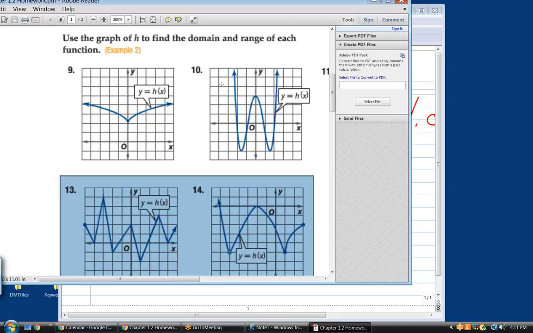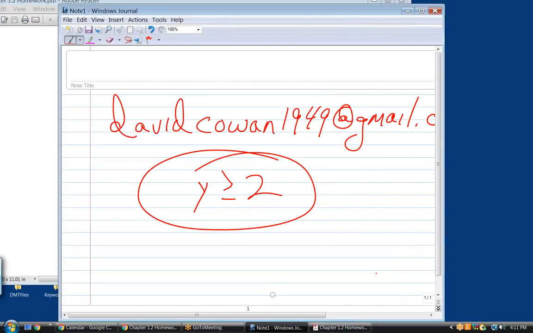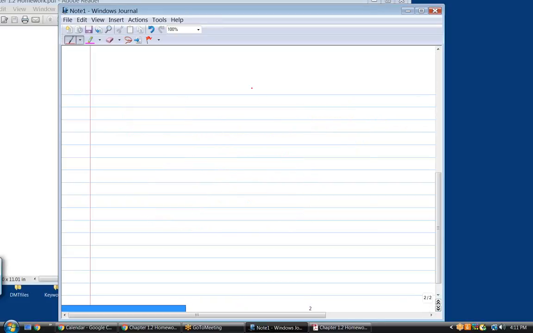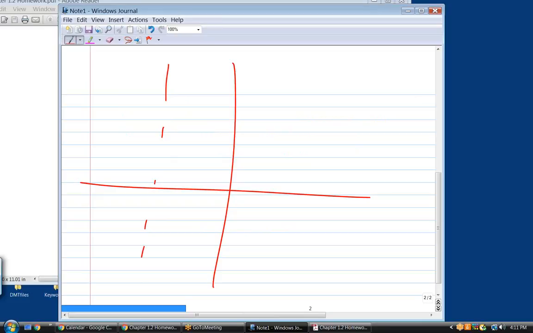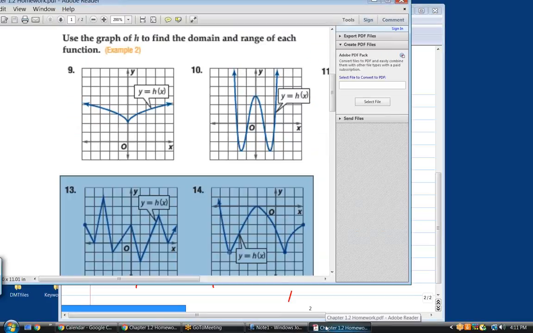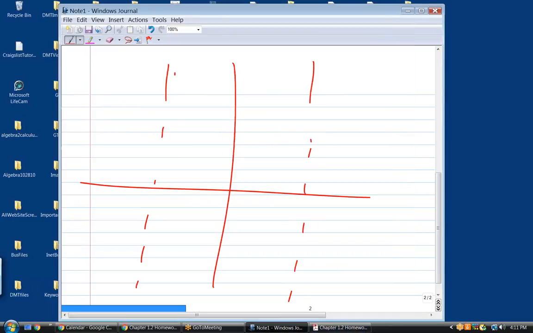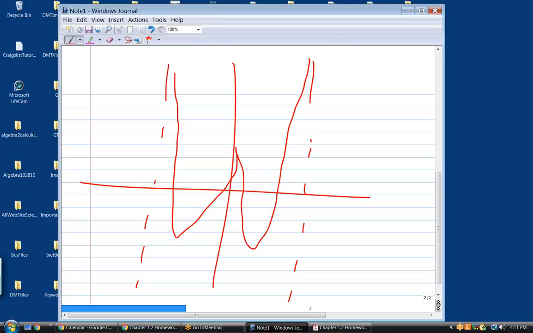Otherwise they would have had to draw it like this. They would have had to put a vertical asymptote there, and then probably another vertical asymptote there. It was just a big giant W. It looks like it could be that kind of function, but if it was, they would have had to put the vertical asymptotes in there.